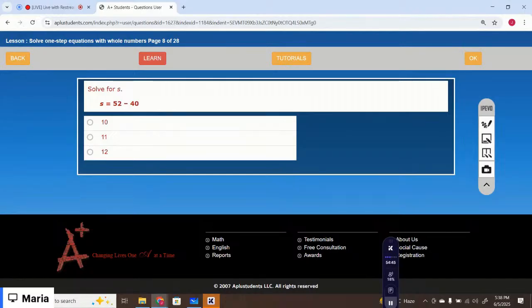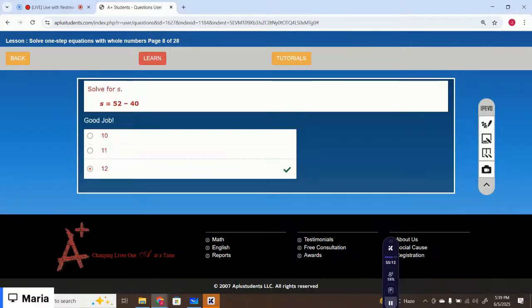Solve for s. s equals 52 minus 40. The correct option is 12. Option number 3 is the correct option.